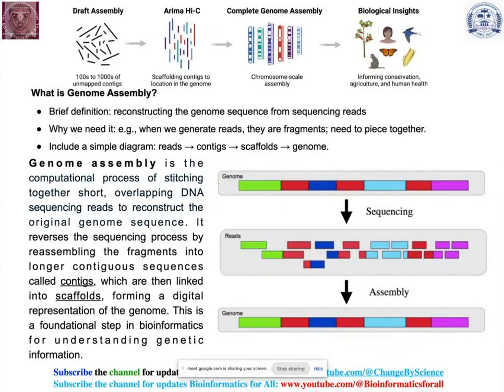So the first thing you need to know is what genome assembly is. It is the computational process of stitching together short overlapping DNA sequence reads to reconstruct the original genome sequence.